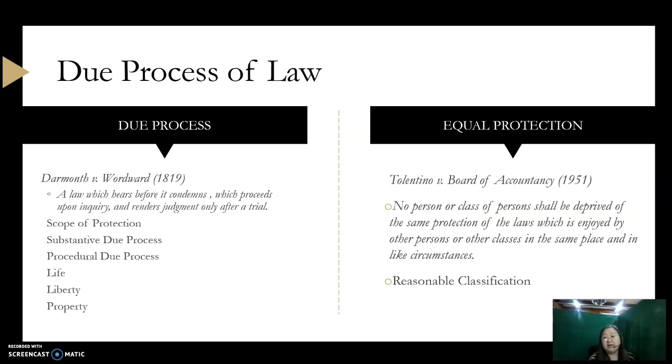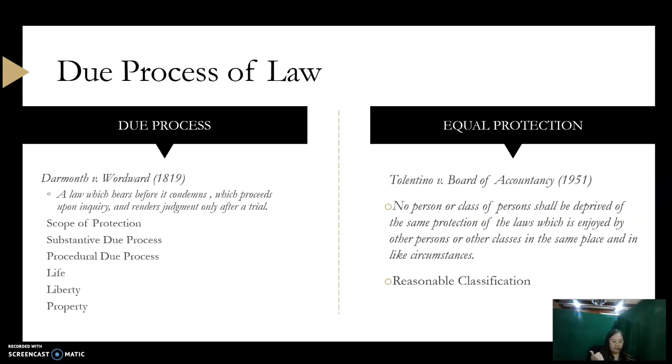And the very important rule that you must remember here is the rule on reasonable classification. It is a well-established rule that reasonable classification does not violate the constitutional guarantee on equal protection of the laws if the classification has all the following requisites.